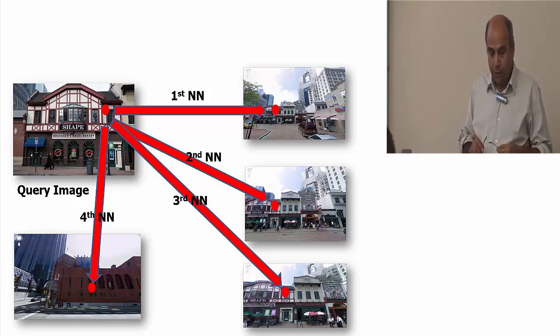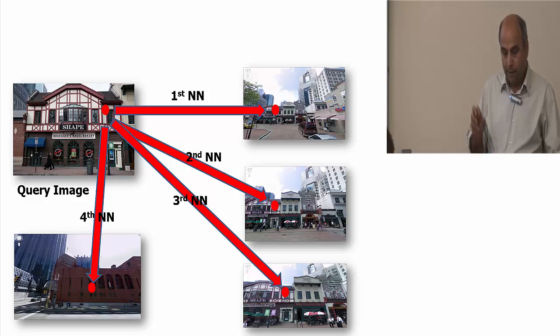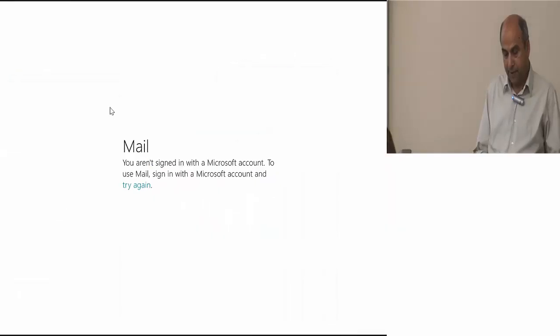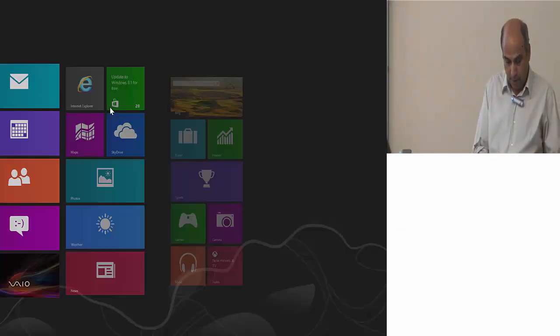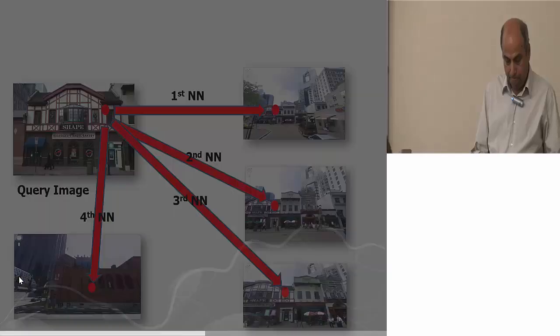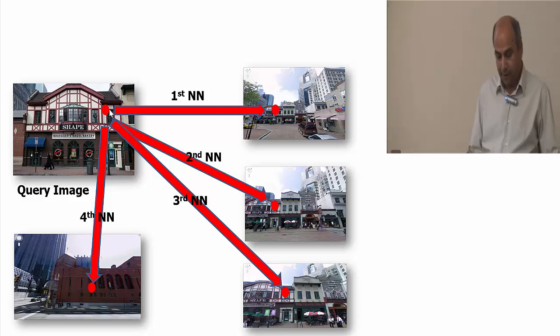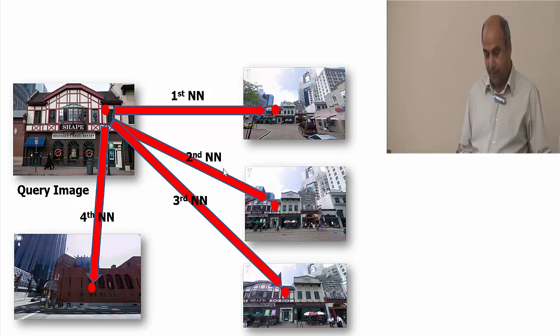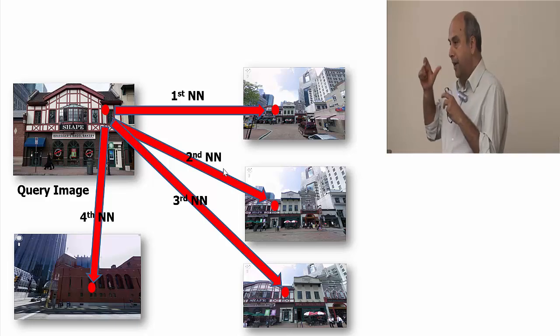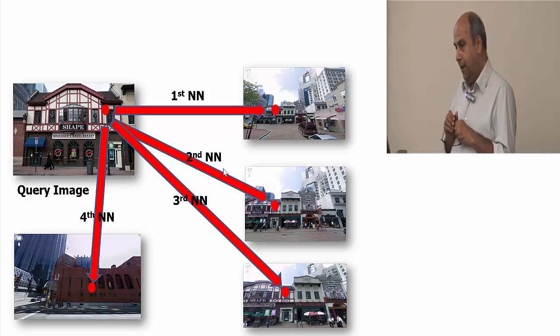To detect the right match, we are going to look at the distance between the input descriptor and the first nearest neighbor. We are also going to look at the distance between the input and the second nearest neighbor, and we will find the ratio of the two.